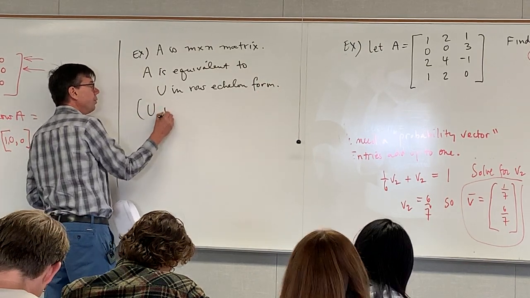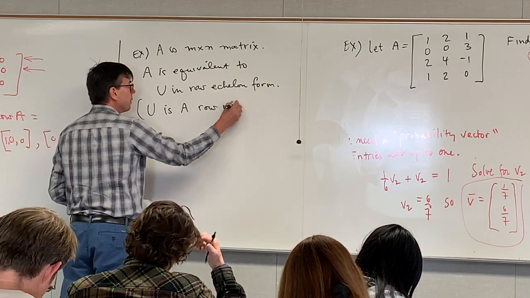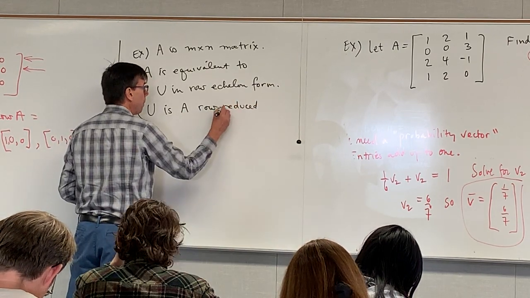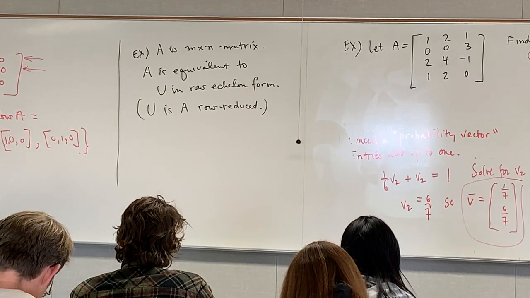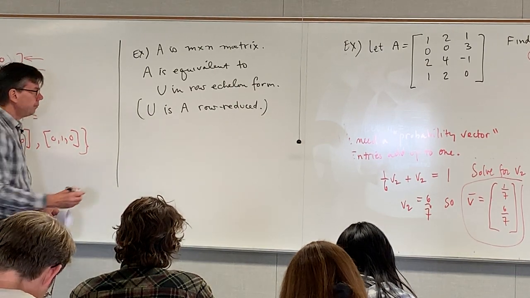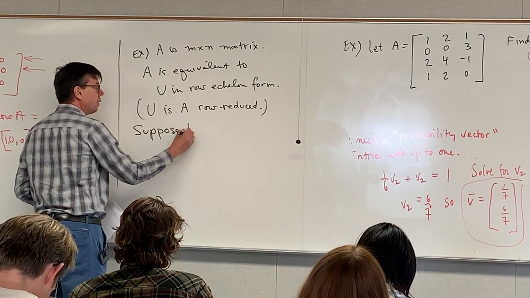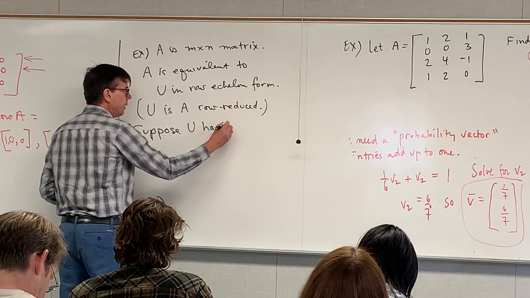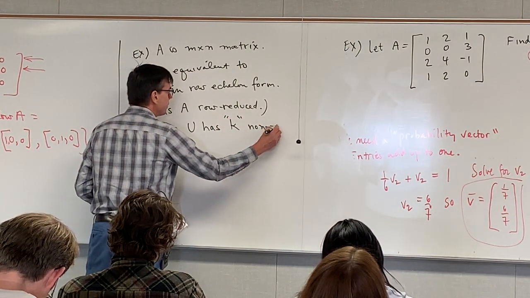So U is a row reduced version. Suppose U has K non-zero rows.